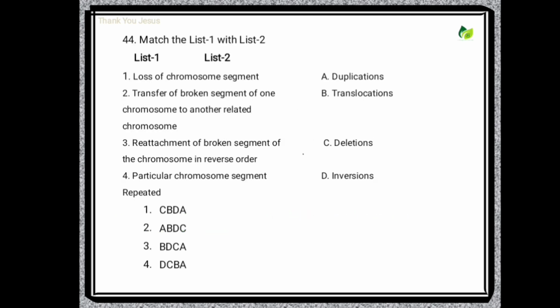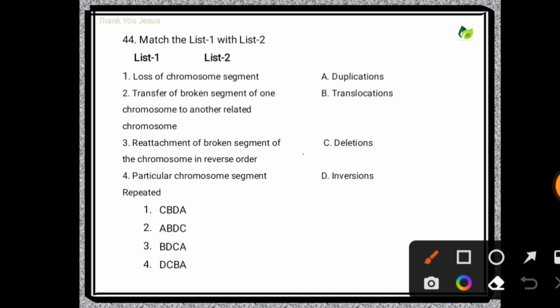Let's see the next question. We have to match list 1 with list 2. Loss of chromosome is nothing but deletion. Transfer of a broken segment of one chromosome to a non-homologous chromosome, you have to remember, is translocation.